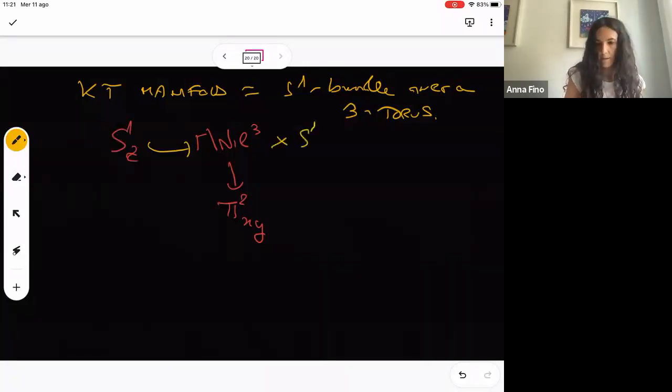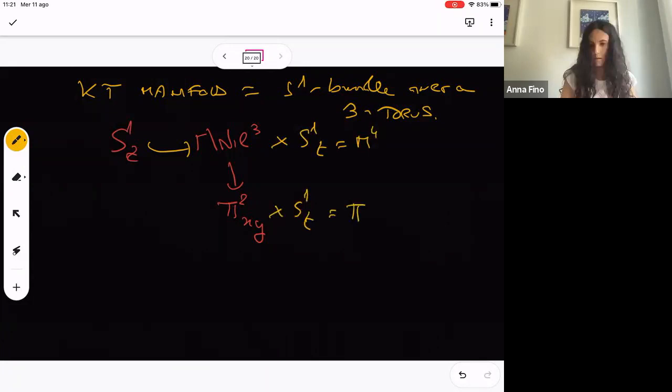And then here we have S1 with coordinate T. This is our Kodaira-Thurston manifold. And here we have S1 with T, which is our T coordinate. That's the thing.